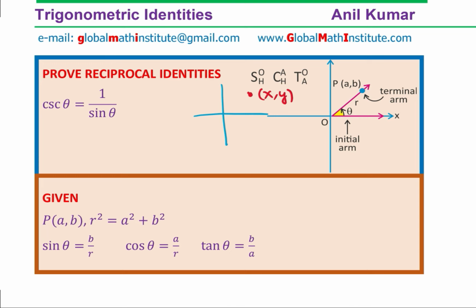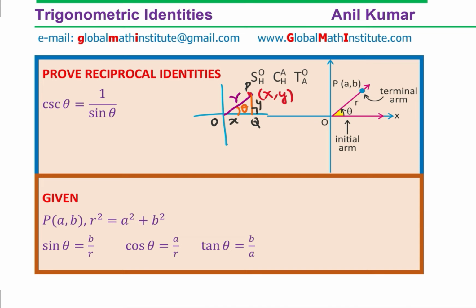In that case, the distance from the origin will be r, correct? And if I drop a perpendicular from (x, y), and this is my principal angle theta, then from O to P we have r, and from O to Q, the perpendicular drawn, this distance is x and that is y, correct?